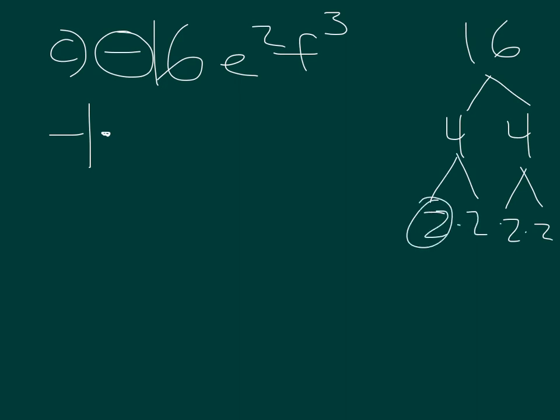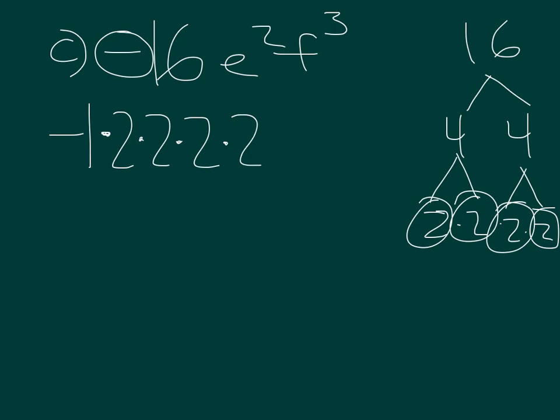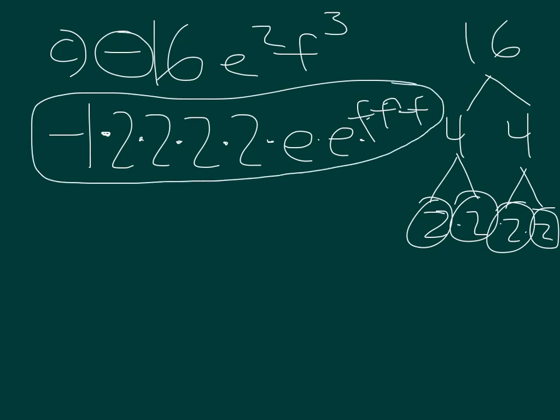So these are all of our factors. So we get times 2, times 2, times 2, times 2, times e, times e, times f, times f, times f. And there you go. That is the answer for 3C. Good luck.